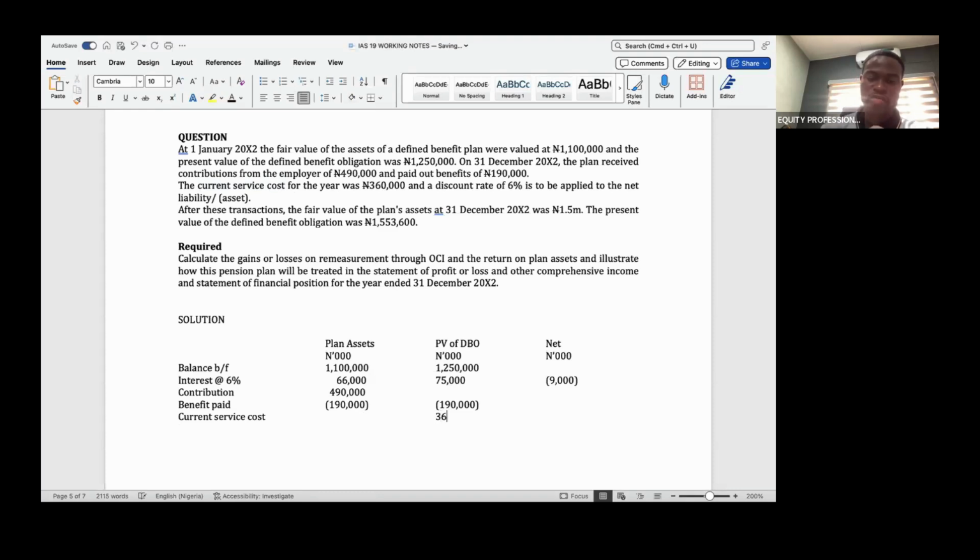So the current service cost is usually added to the obligation. Okay, and that's everything here. I'm still coming back to this fair value they give me at the end of the year. Just follow me through.